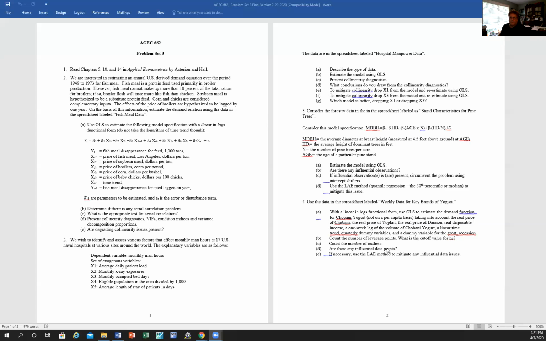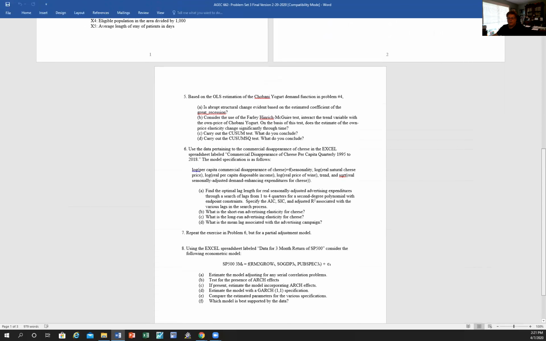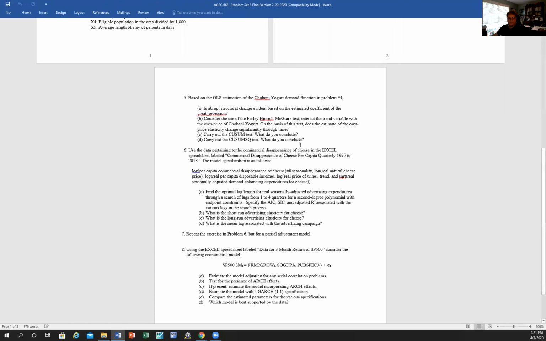Except in this problem, if estimated correctly, there aren't any influential data points, so it's not necessary to use the LAE method. So if we scroll down the page here, looking at additional problems, and again, most people did well in looking at these particular problems.